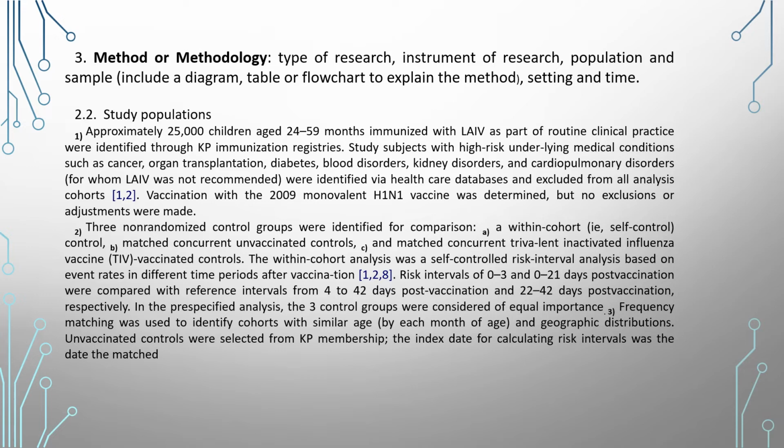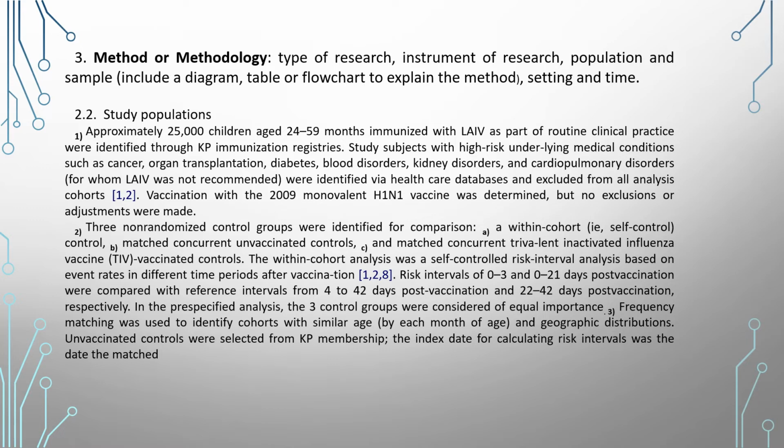Approximately 25,000 children aged 24 to 59 months immunized with LAIV as part of routine clinical practice were identified through KP immunization registries. Study subjects with high-risk underlying medical conditions such as cancer, organ transplantation, diabetes, blood disorders, kidney disorders, and cardiopulmonary disorders, for whom LAIV is not recommended, were identified via healthcare databases and excluded from all analysis cohorts.